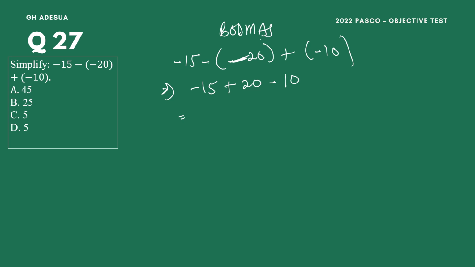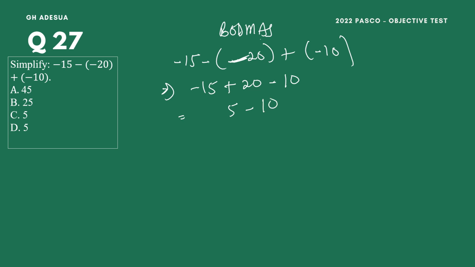How much would be left? You have borrowed 15 and paid 20, so you have a remainder of 5, then minus 10.